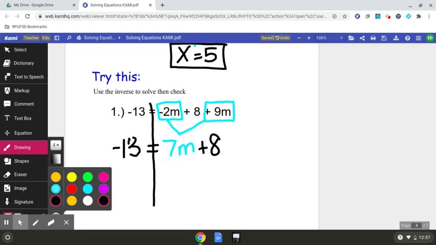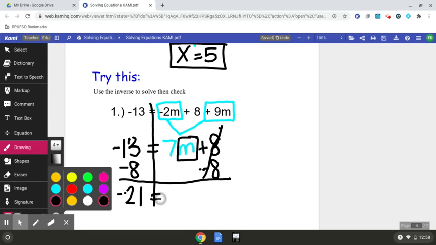Okay, now what we're going to do here is our goal again is to isolate this m. So I want to get rid of this plus 8 here attached at the end. So I'm going to subtract 8 from both sides. So these will cancel. Negative 13 minus 8 is negative 21 equals 7m.